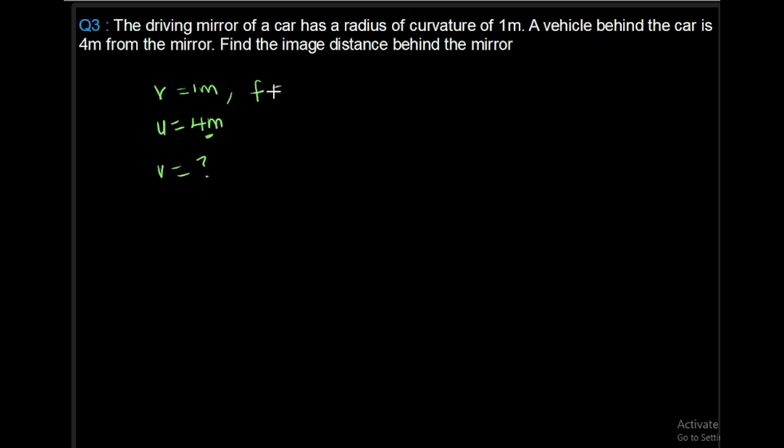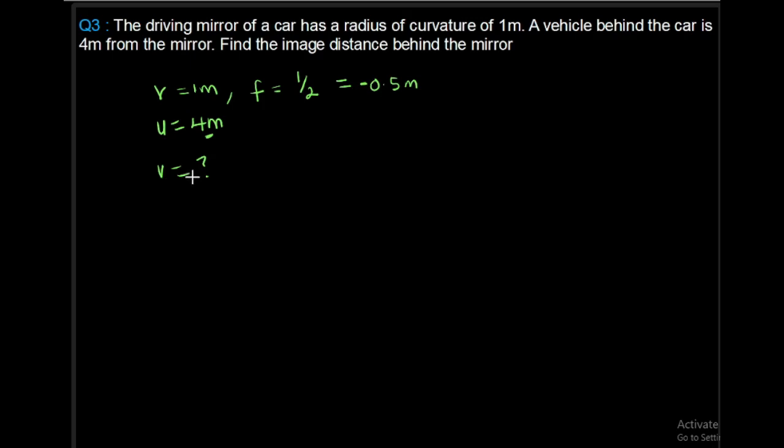We can get focal length, which is radius of curvature divided by 2, and that will give us 0.5 meter. Since we are talking about a driving mirror, which is a convex mirror, don't forget the focal length will be negative, so we'll put a minus here. Image distance is what we are looking for.